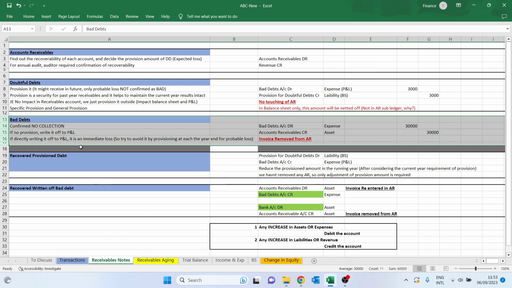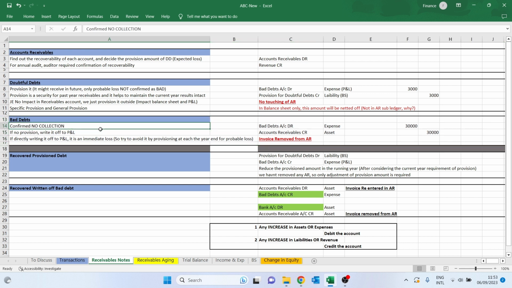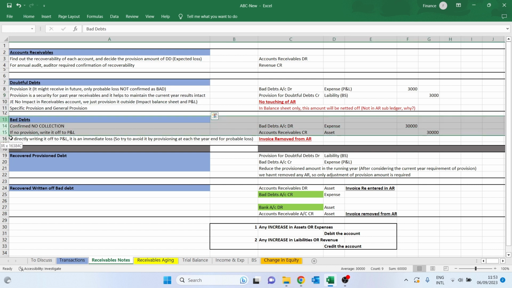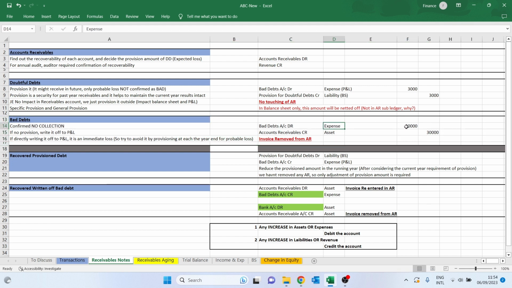To avoid that, we should provision the doubtful debts properly each year. If we identify the recoverability of receivables in a proper way, this will not happen and we will be safe, because our current year income and expense account will not be affected.